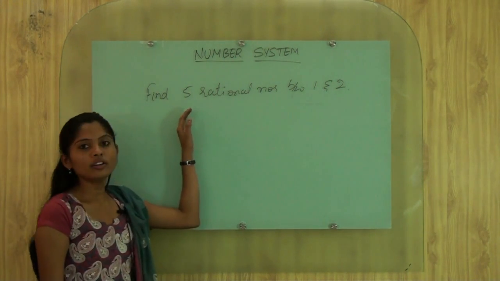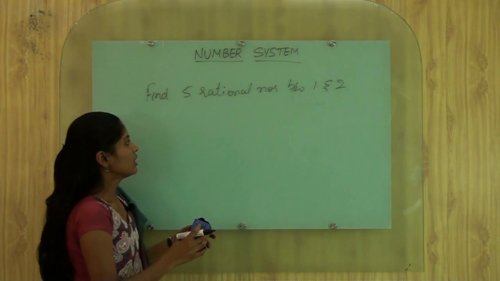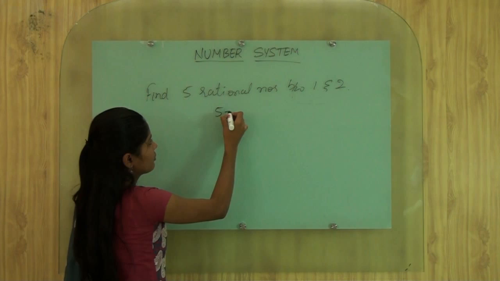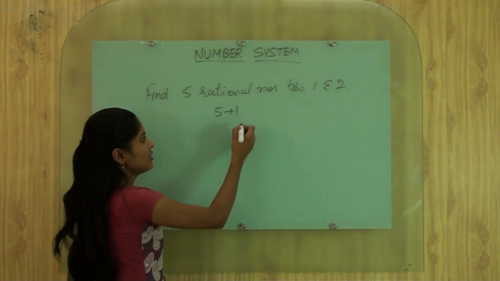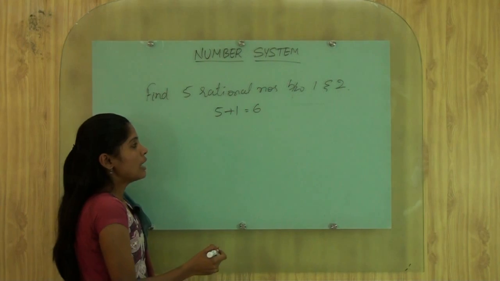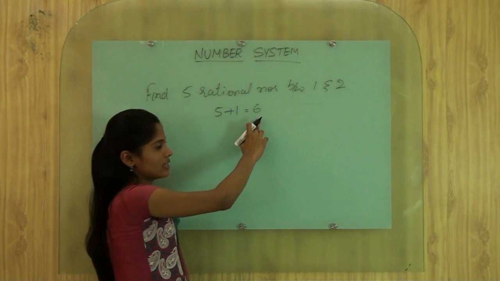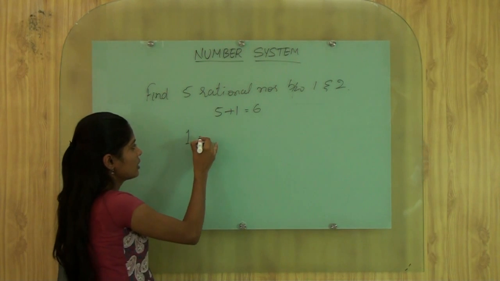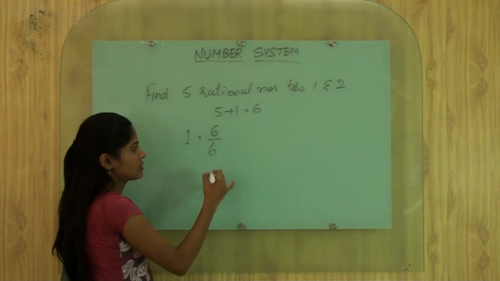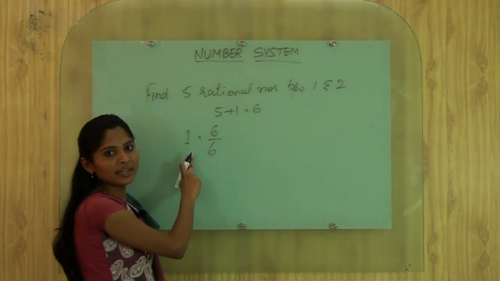I told you to find 5 rational numbers. Take 5 plus 1, which is 6. Represent 1 using 6. How do you represent it? If you write 6 by 6, then you will get 1.